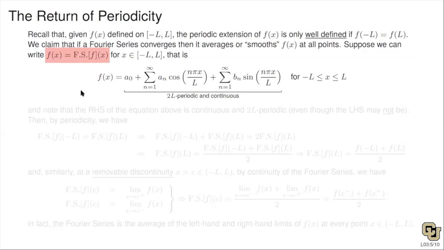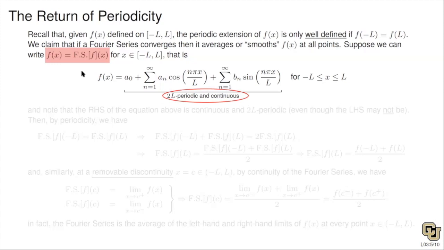So notice that the Fourier series on the right-hand side is 2L periodic and continuous. Every term on the right-hand side is 2L periodic, including the constant, and every term is continuous. So you add them up, they're still 2L periodic, and sums of continuous functions are still continuous.